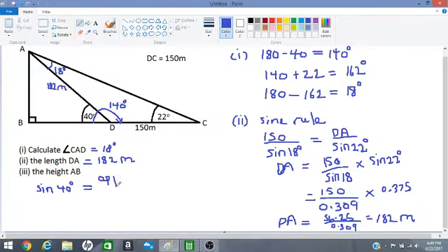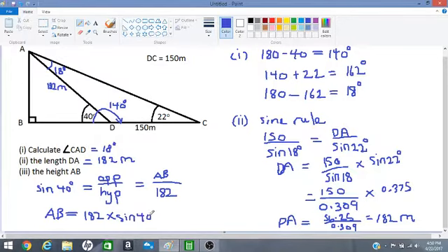Which side is opposite to 40 degrees? It points to AB. So we'll put AB as our opposite, and our hypotenuse is 182. So we multiply both sides by 182, and AB will be equal to 182 times sine 40.